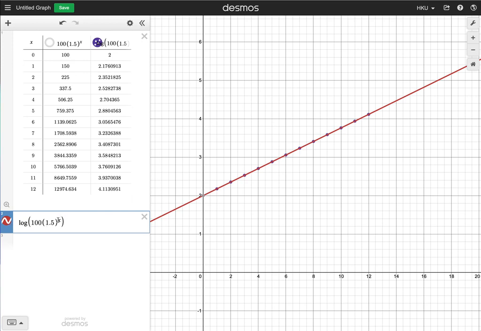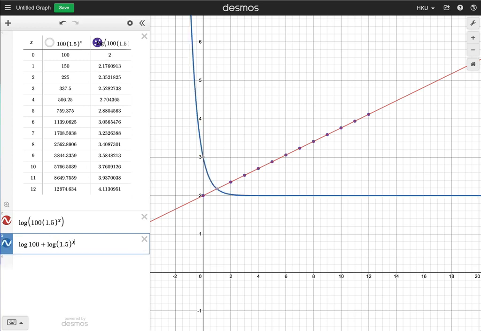If x is taken to be any values, not just the integers, then there will be points on this red line. Now, it may be very difficult to read this expression, but if you understand the properties of logarithm, then you will find that it is just the same as the logarithm of 100 plus the logarithm of 1.5 to the power x.